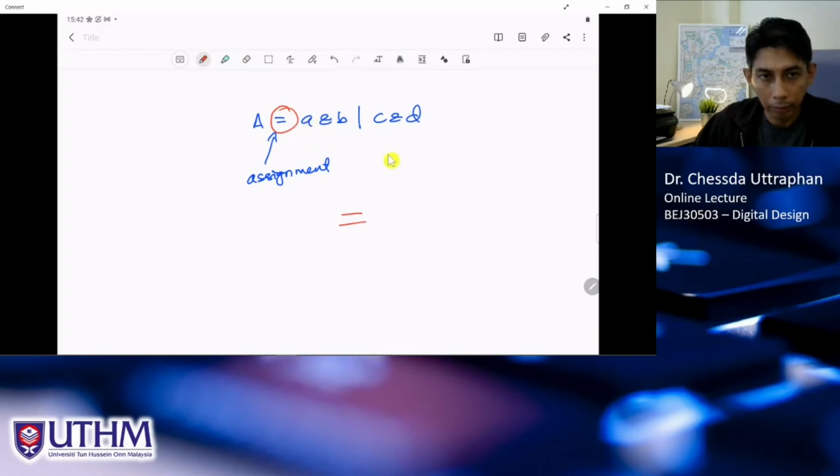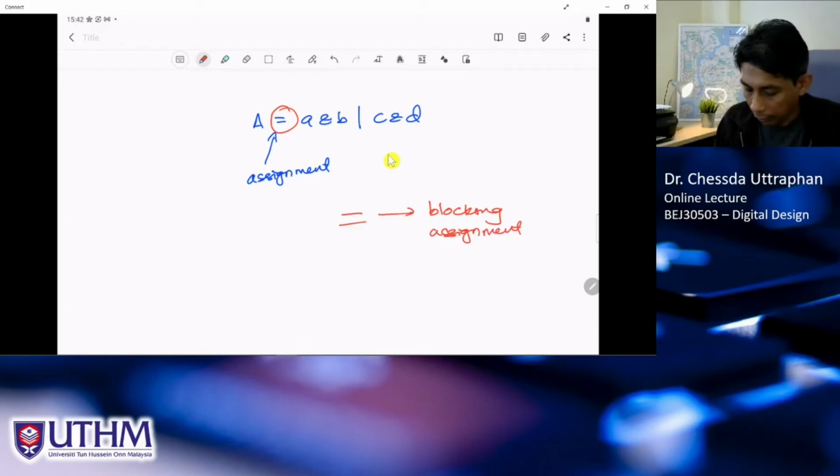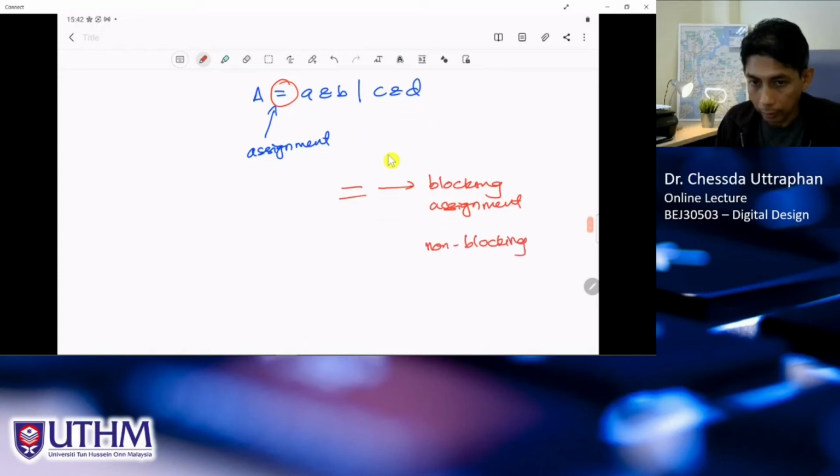But in Verilog, we actually have two types of assignment. First, if we write like this, we call it blocking assignment. There is another type of assignment, we call it non-blocking assignment.